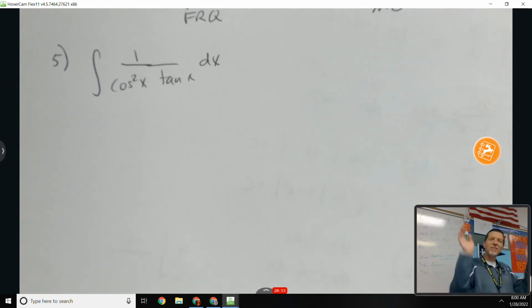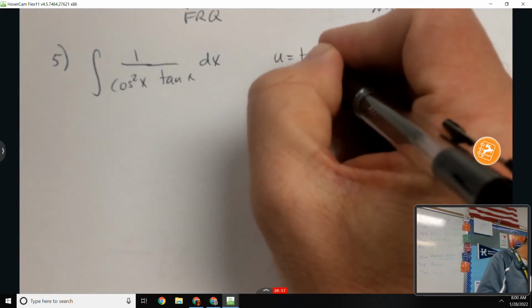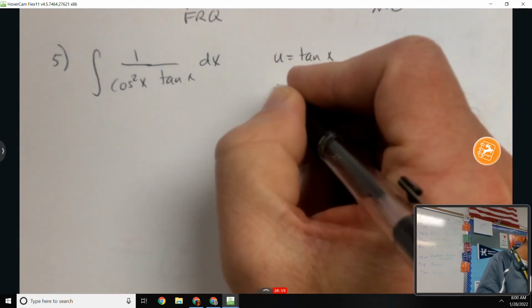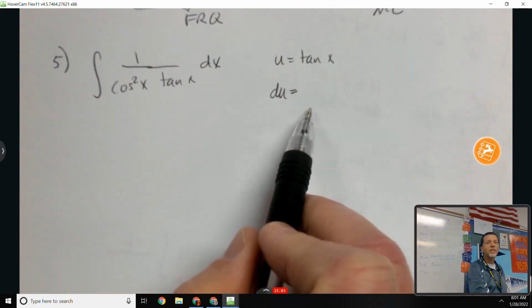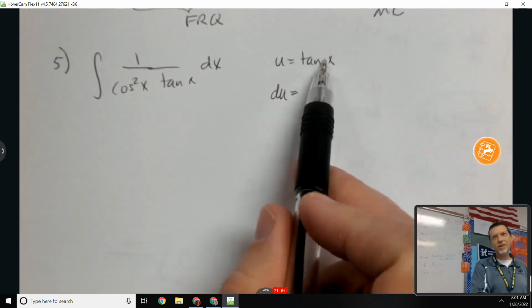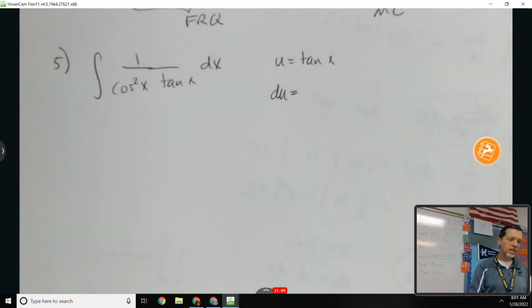Some hand waving there. What's the derivative of tangent? If you're picking u to be tangent, then you've got to take the derivative of tangent. Secant squared. Oh, I don't have secant squared. But I kind of have secant squared.